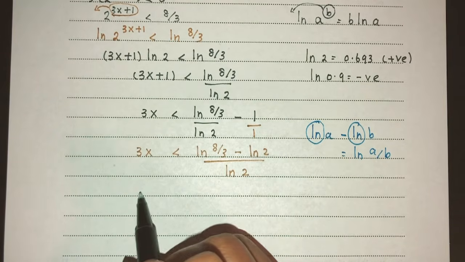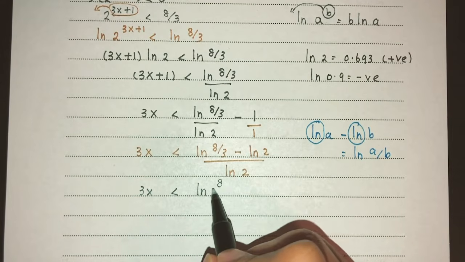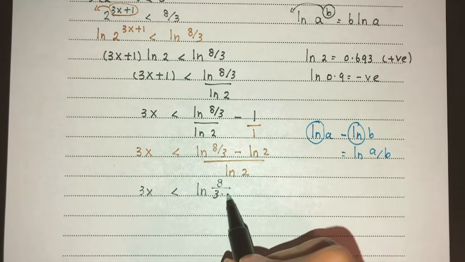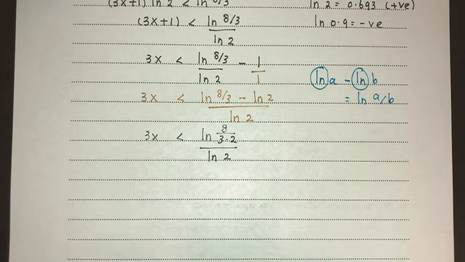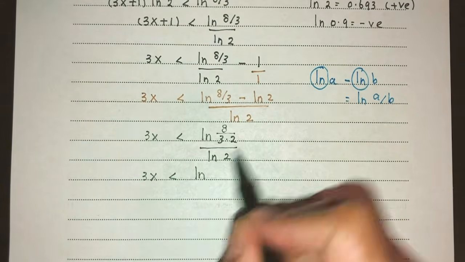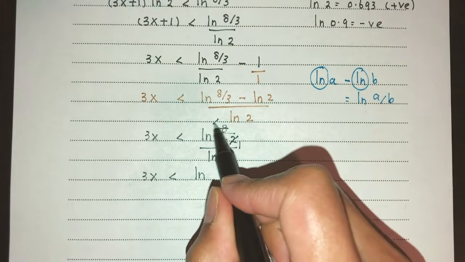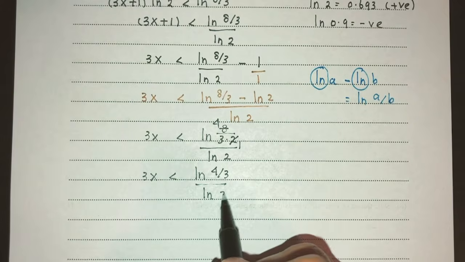So in this case, you will have 3x less than ln of 8 over 3 divided by 2, over ln of 2. Now simplify. You will have 3x less than ln of 4 over 3, over ln of 2.